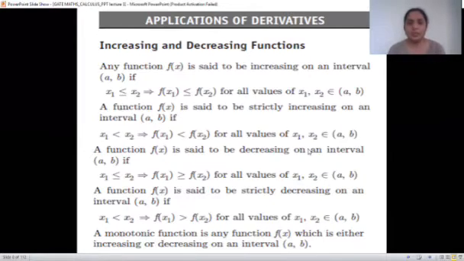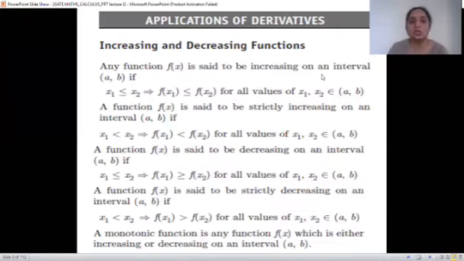Any function f of x is said to be increasing in the interval a b if, for x1 less than or equal to x2, f of x1 is also less than or equal to f of x2, and this condition holds for all values of x1, x2 in that interval, then that function is said to be increasing.